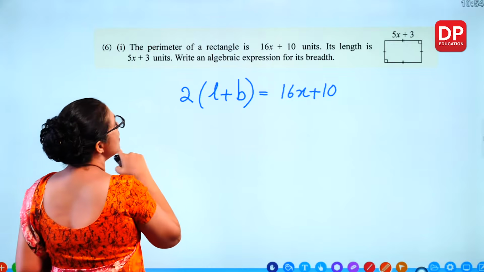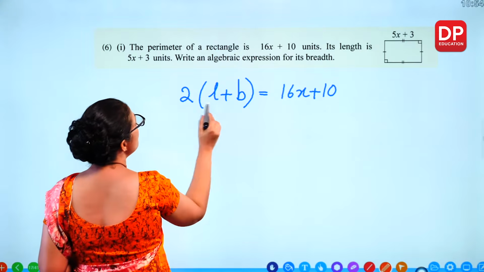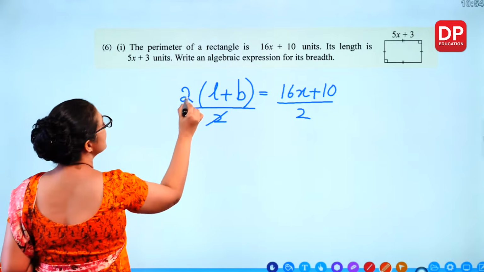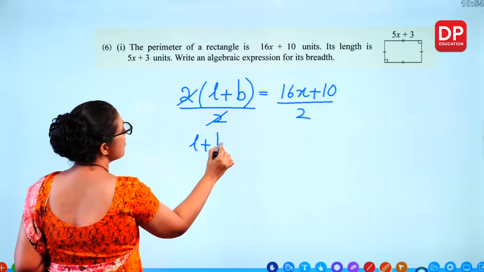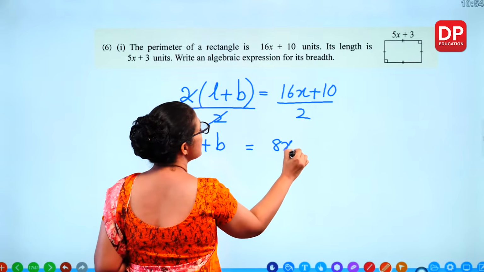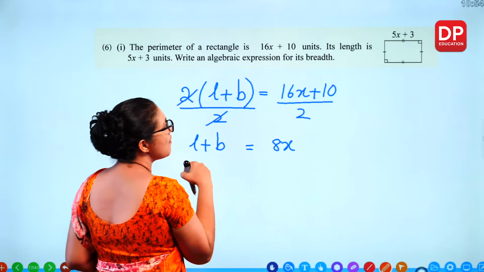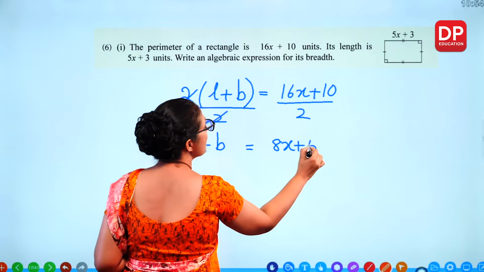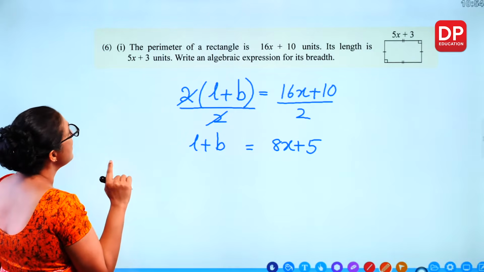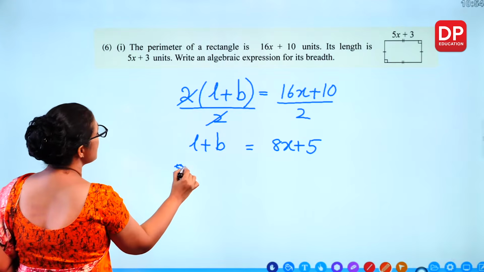But when you divide this by 2 both sides, what happens? Length plus breadth is equal to 16 divided by 2, 8x, and 10 divided by 2, you get 5. Now, we know length is 5x plus 3.